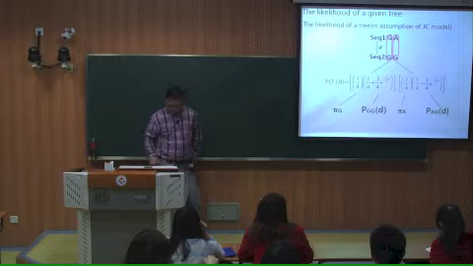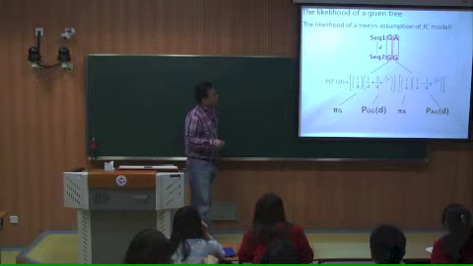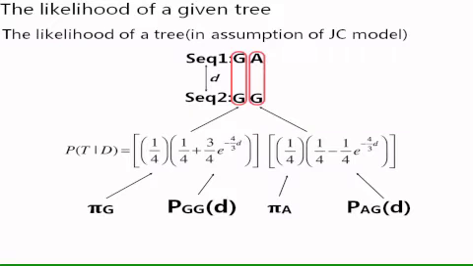Because of this, we can fit that as a Poisson distribution. So we can use this function to calculate the change between these two sequences.